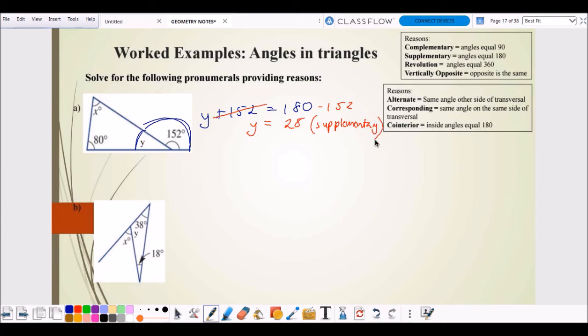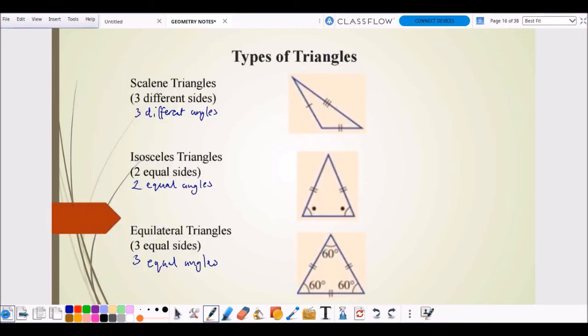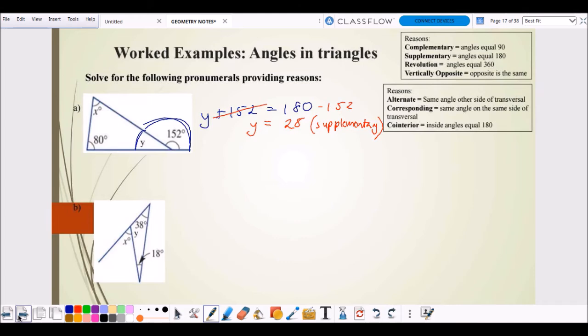So it's supplementary. Next is x. For this angle, you don't have to provide a reason, just tell me what it is. Because it's a scalene triangle, none of them are going to be the same, so you don't have to write that the triangle is scalene. Just tell me what x is. But remember that y here is 28. If that's 28, then x plus 80 plus 28 should equal 180.